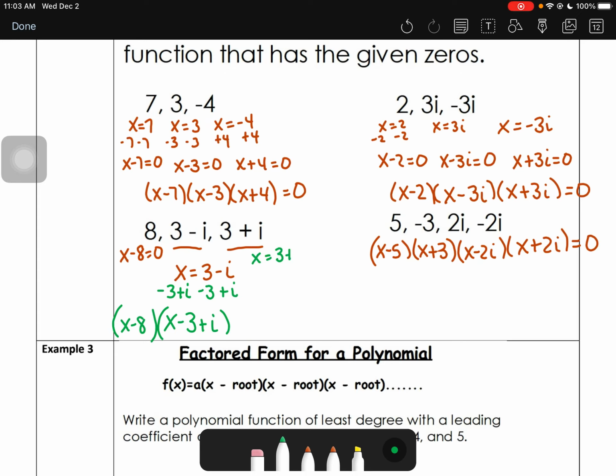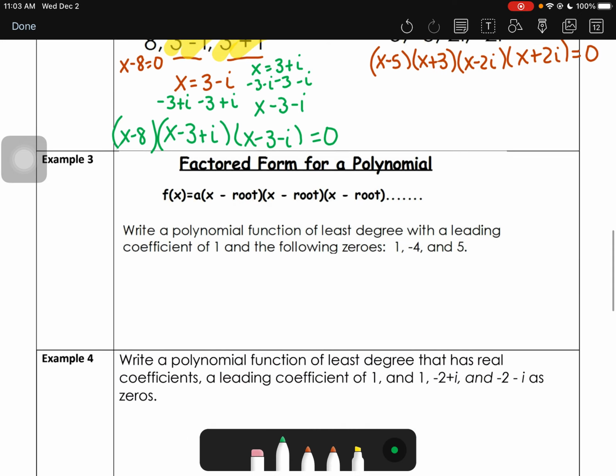I have x equals 3 plus i, so I subtract 3 and I subtract i. So I have x minus 3 minus i. Those are a little trickier, but it just does become the opposite of both of these values. So it's the opposite of each of these to make our factor.